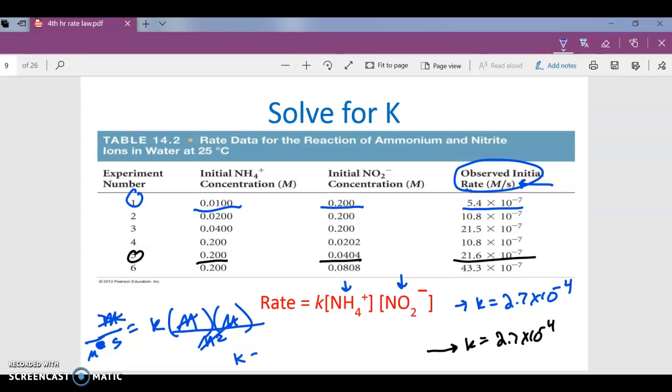So my rate constant really has units of molarity times second all on the bottom. Or another way that you could write that is molarity to the negative 1, seconds to the negative 1. Whichever way makes you happy is fine with me. So when we're finding the constant, we need to know the actual number and the units. That can be the trickier part.